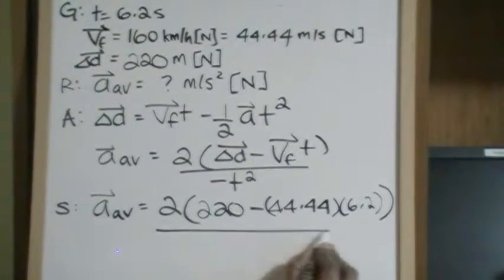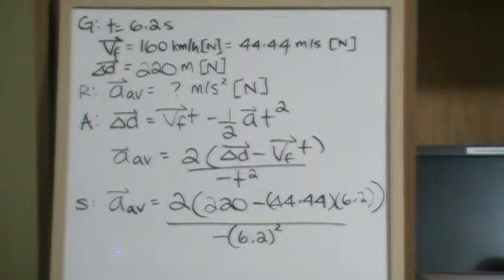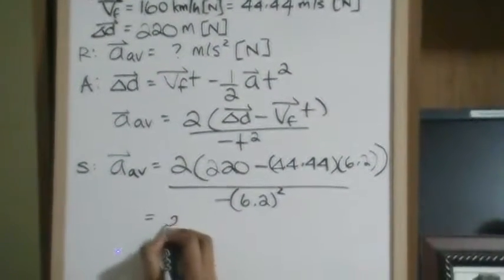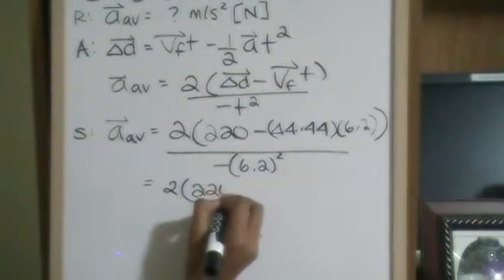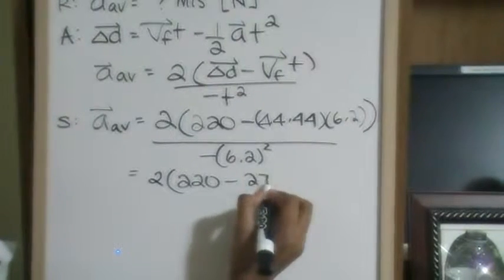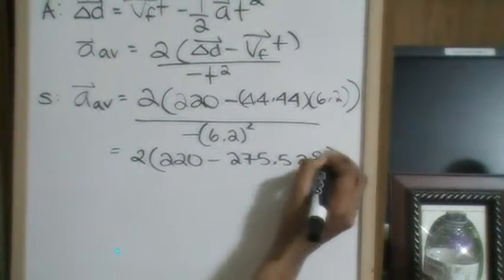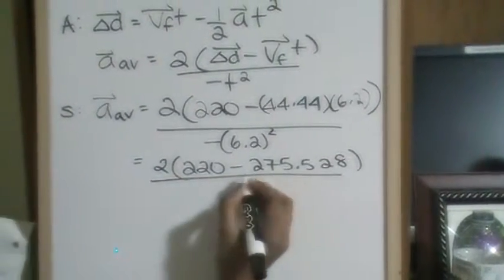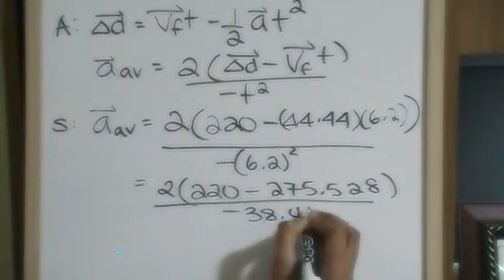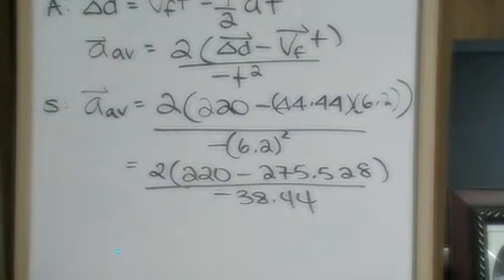And this is all over negative 6.2 squared. So if we continue to solve this, we get 20. So right now I just simplified this part and this part as well.